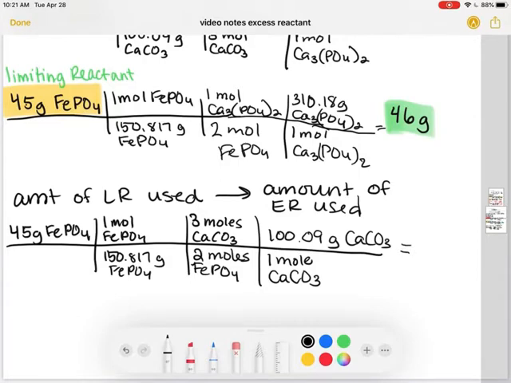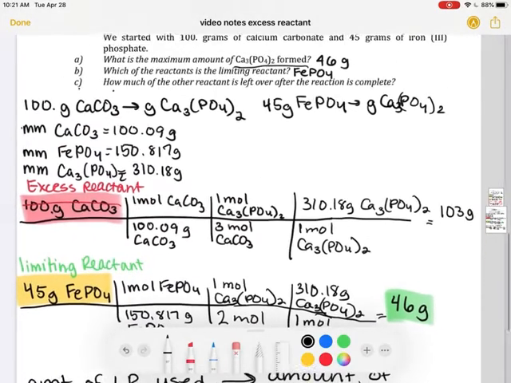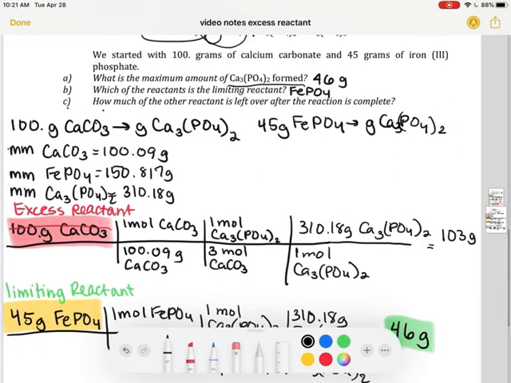So we're going to do this math in our calculator. Drum roll, please. And we're going to get 45 grams of calcium carbonate were used. Okay, so let's look back at our original amount. Well, we started with 100 grams of calcium carbonate.